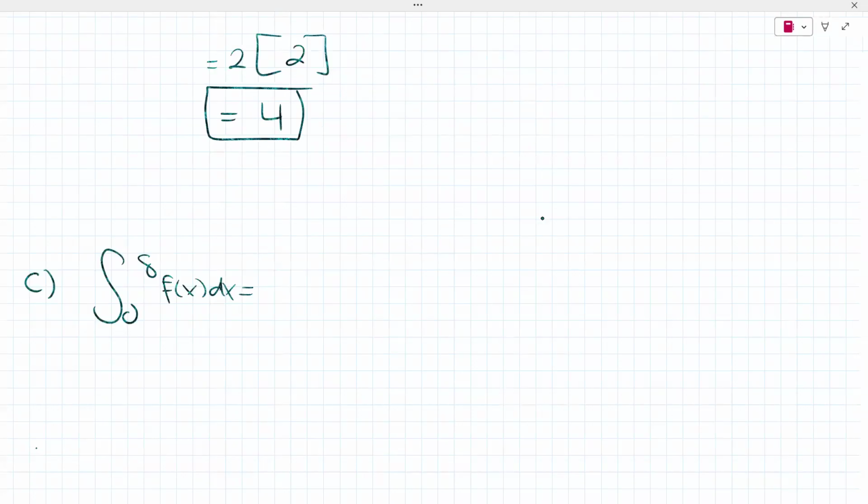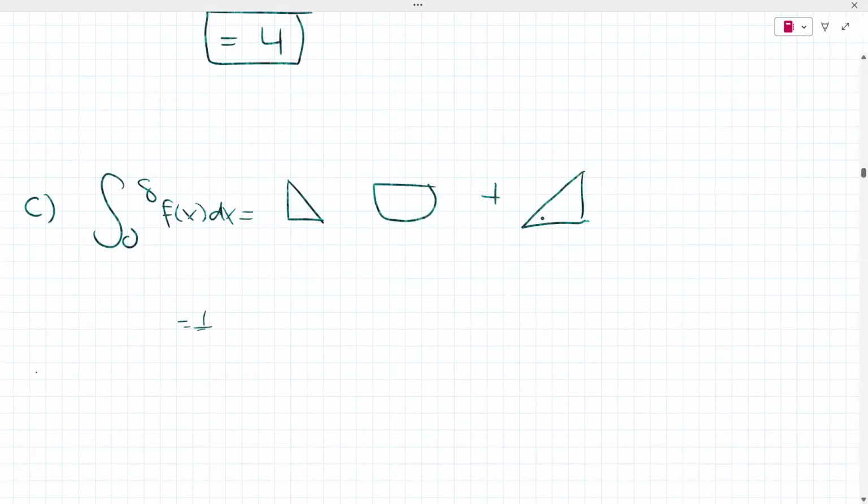So we have a triangle, half a circle, plus another triangle. We know the area of a triangle is 1/2 base times height. We know that the area of half a circle is pi r squared over 2.